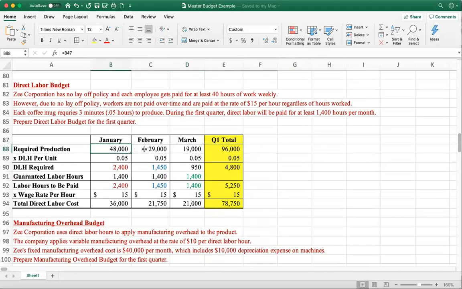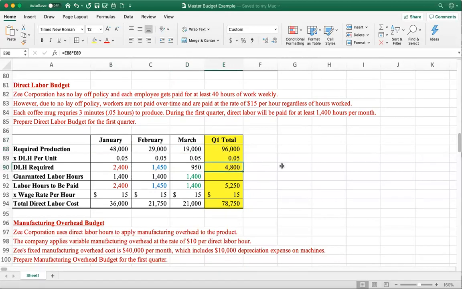Each mug requires 3 minutes or 0.05 hours to produce. So 0.05 times 48,000 is 2,400 hours required to produce 48,000 units in January, 1,450 in February, and 950 required in March. So how many direct labor hours are required for the quarter?